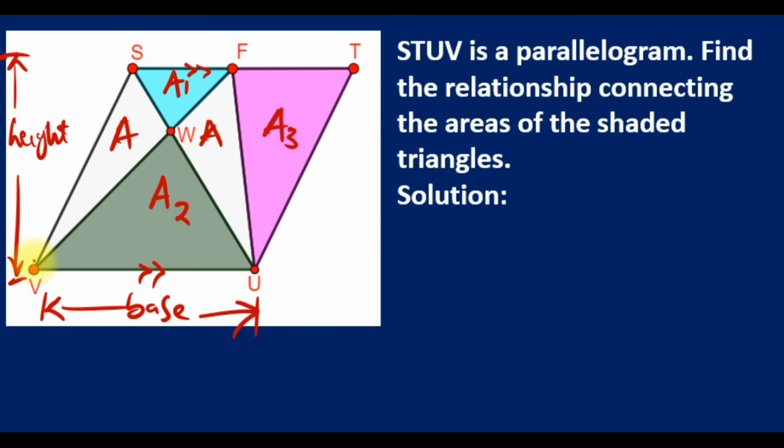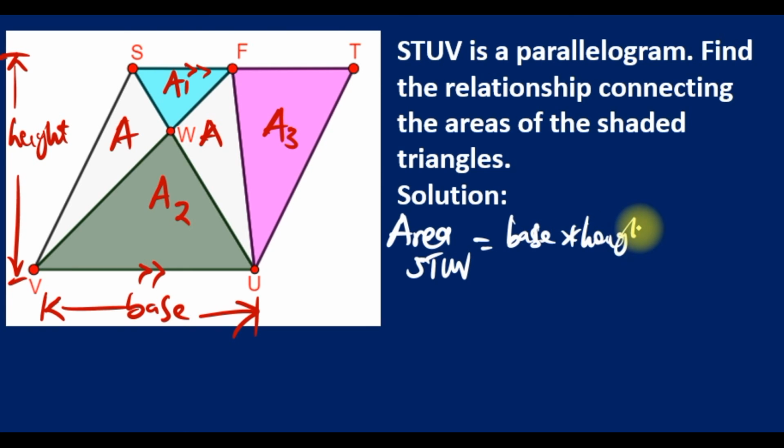So for this triangle VSU, the area is half base times height. From the diagram we can see that area of this parallelogram STUV is base times height. So that's the formula. And area of triangle is always half base times height.